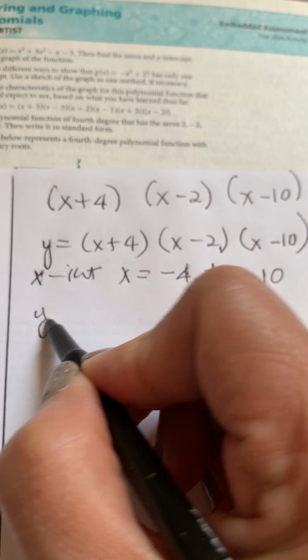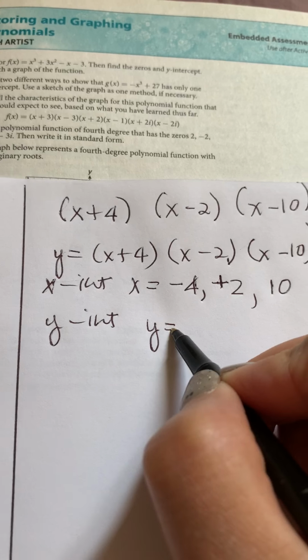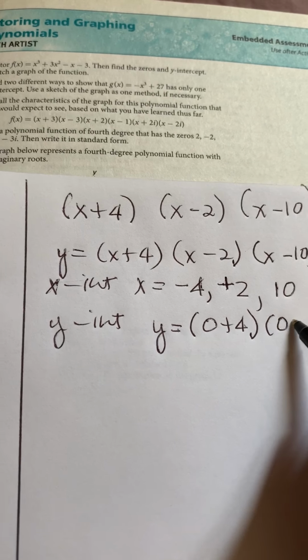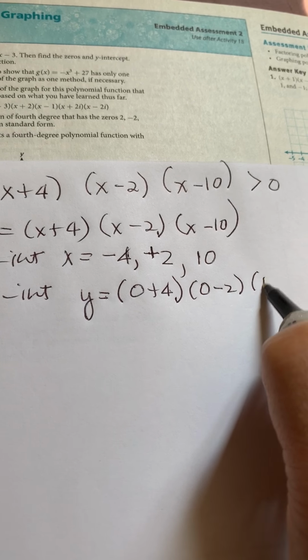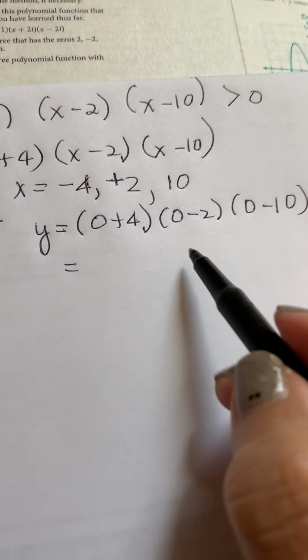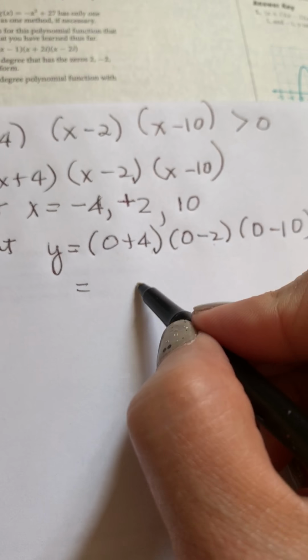The y-intercept: make x 0. So y will be (0 + 4)(0 − 2)(0 − 10). That will give you 4 times −2, −8, times −10 is 80.